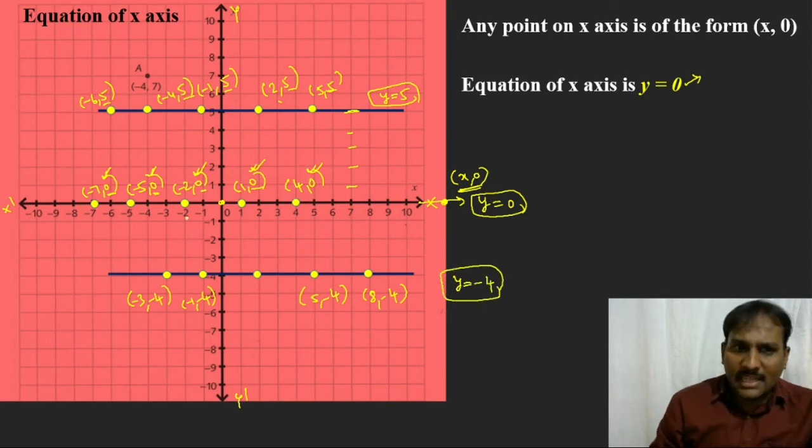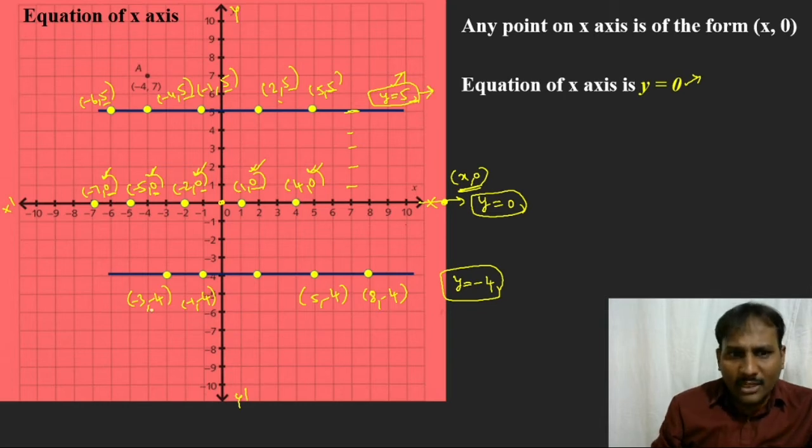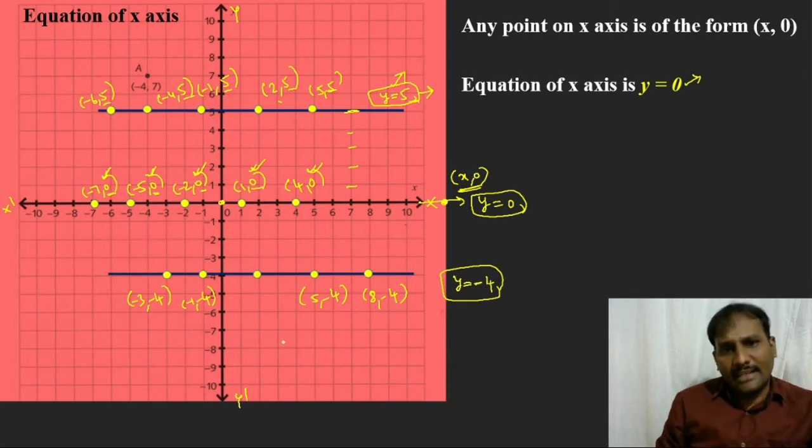So if a line is parallel to the x-axis and it is above the x-axis, at 5 units away from the x-axis, then the equation of that line is y is equal to 5. And what about this line? It is y is equal to minus 4. We are getting negative because it is below the x-axis.